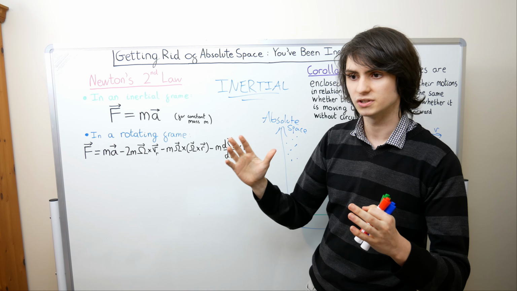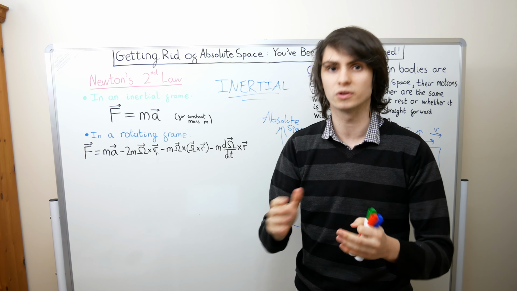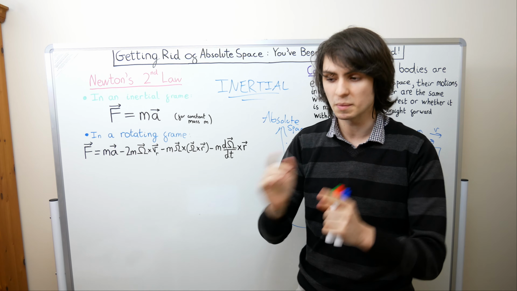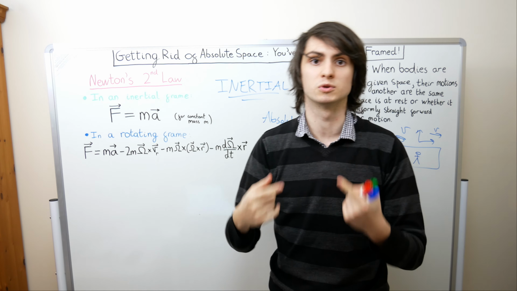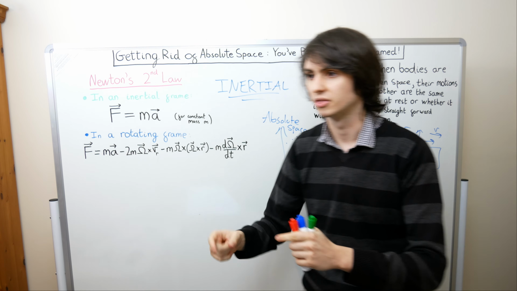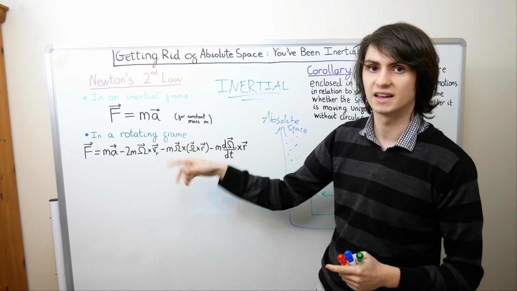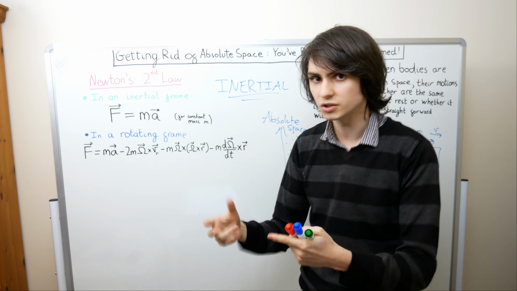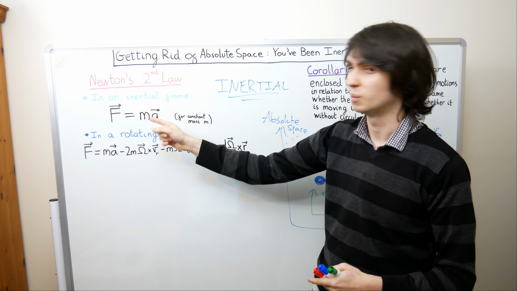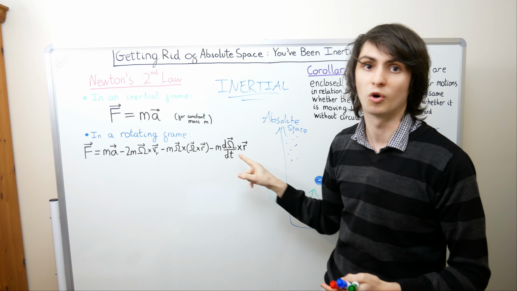Now, this offers an alternative, possibly more fundamental way of characterising what an inertial frame is. Remember we said before that an inertial frame was one in which Newton's first law held. Well, now we could say that an inertial frame of reference is one in which the laws of physics take their simplest form. In an inertial frame we just have F equals ma, which is far simpler than in a non-inertial frame where we can have something as horrible as this.